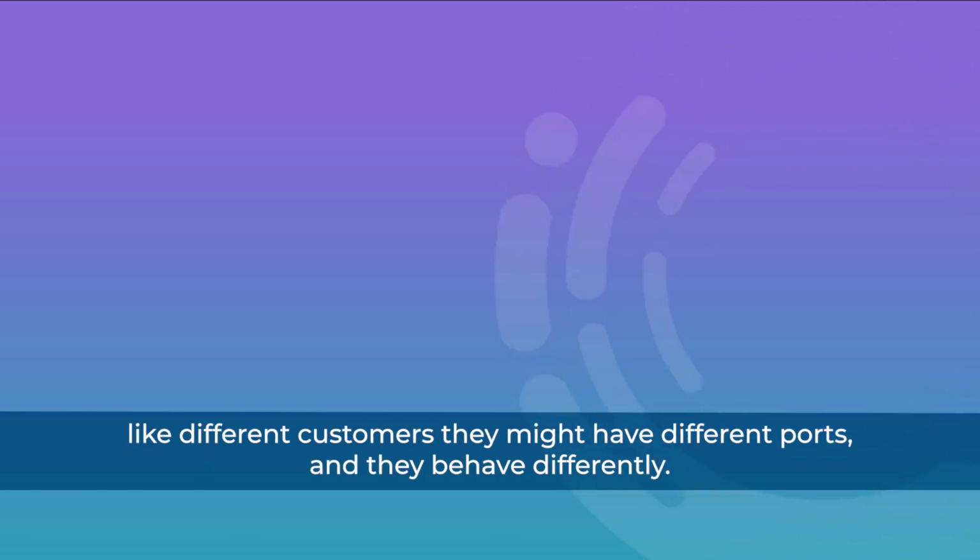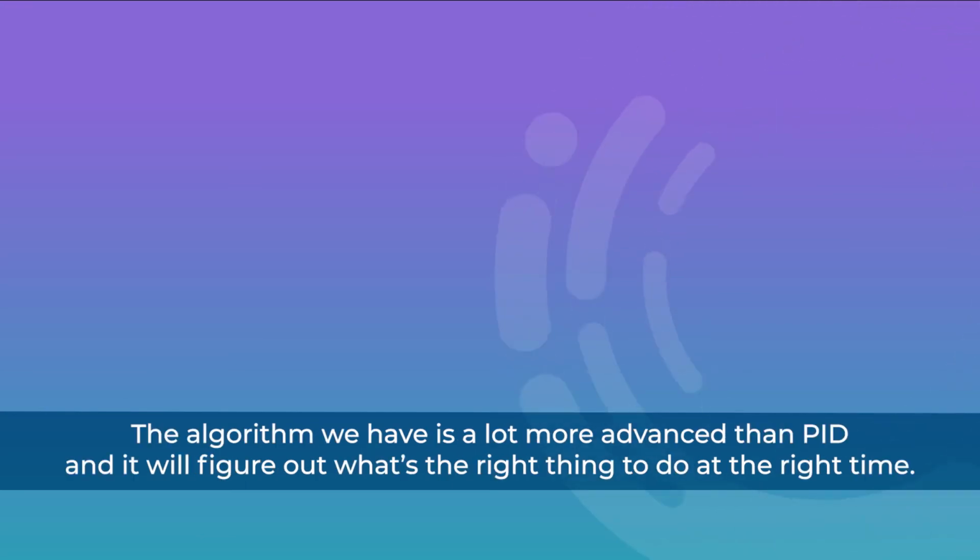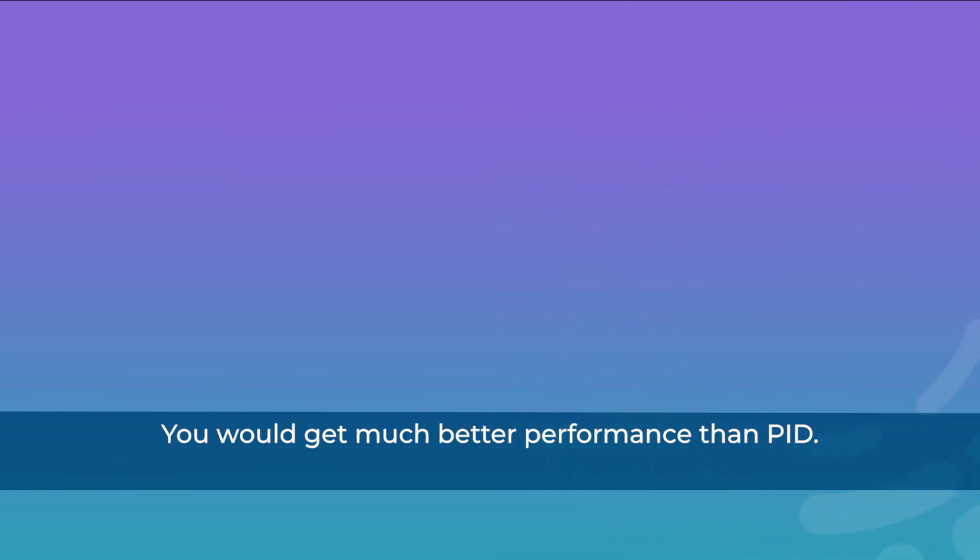Different customers might have different pods, and they behave differently. So it's very hard to come up with an algorithm to automatically tune that. The algorithm we have is a lot more advanced than PID, and it will figure out the right thing to do at the right time. So you would get much better performance than PID.